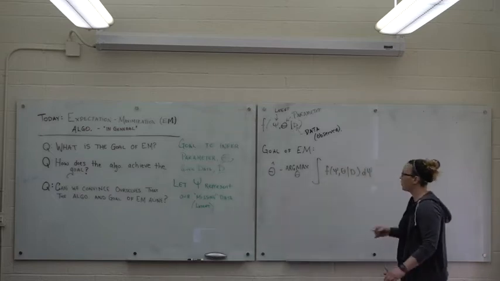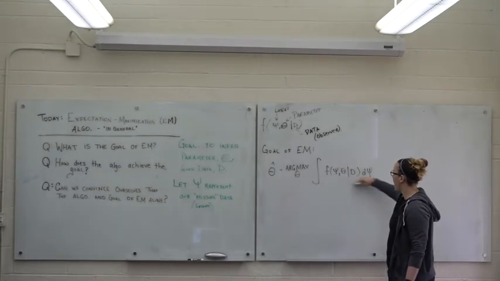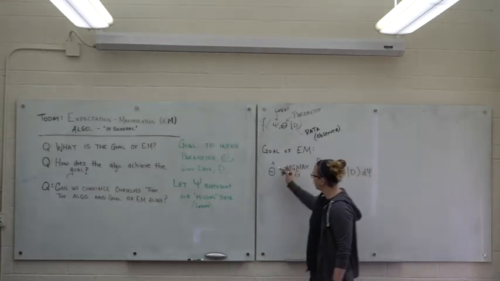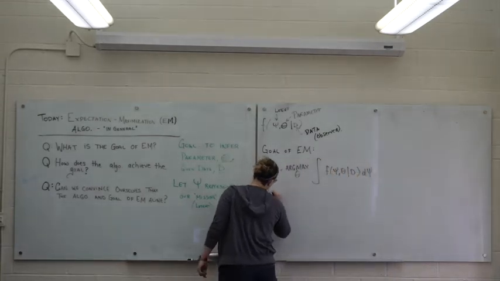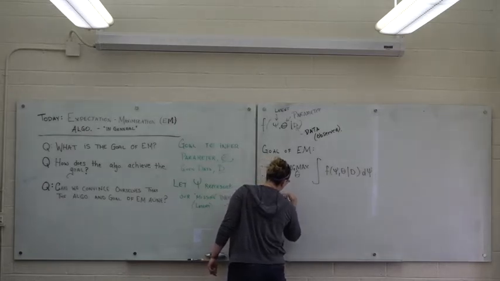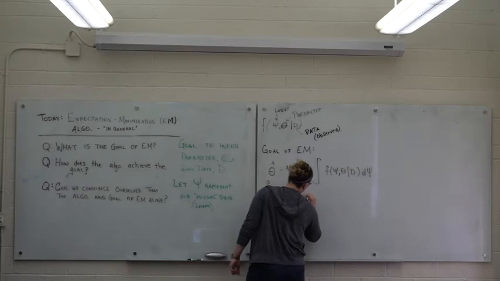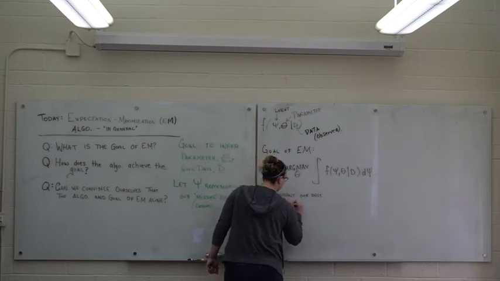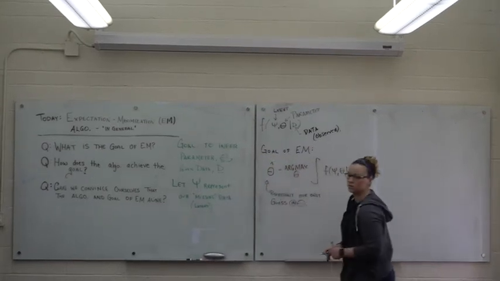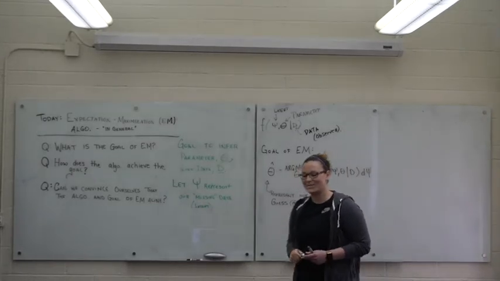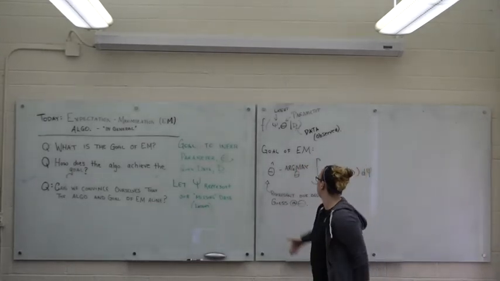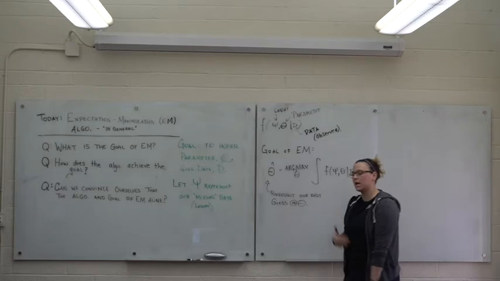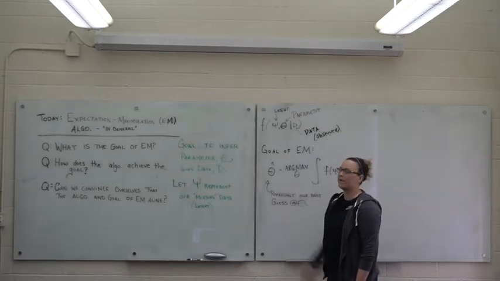So, in a normal problem, if we were trying to figure this out, we would average over our latent variables that are missing, and then we would want to max over the theta. This theta hat represents our best guess at theta. So all EM is doing, and the goal is to get rid of our missing parameters through averaging, and then we just want to maximize over to find our best value of theta.